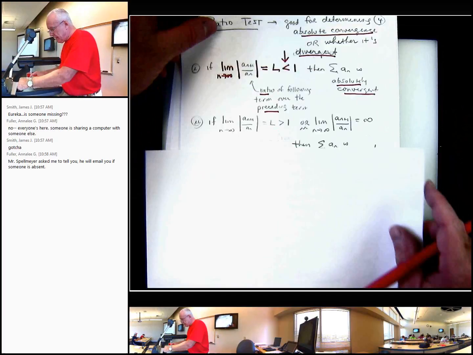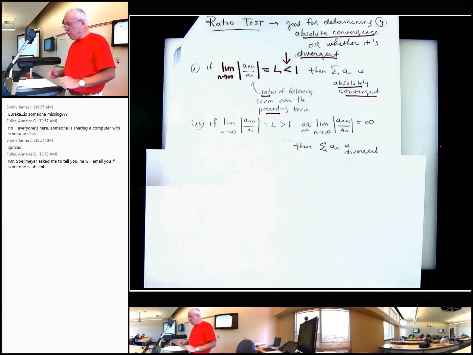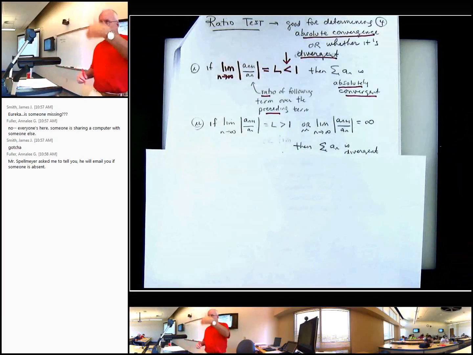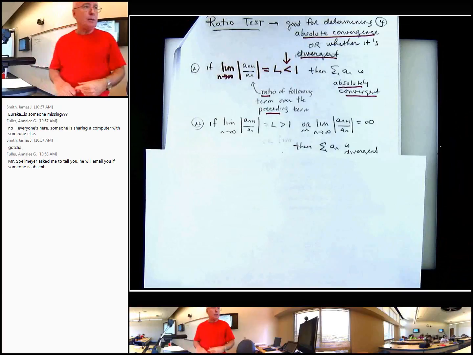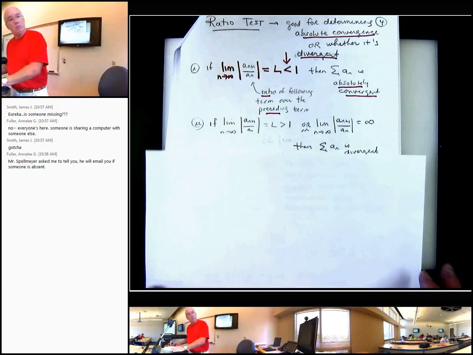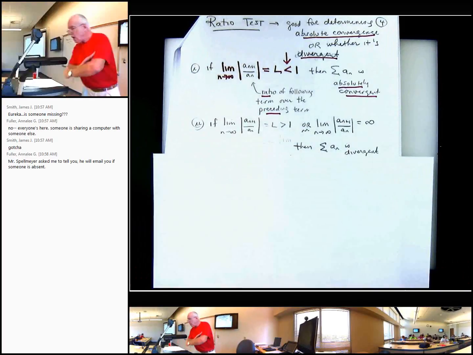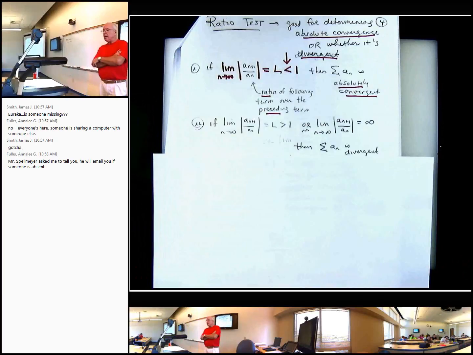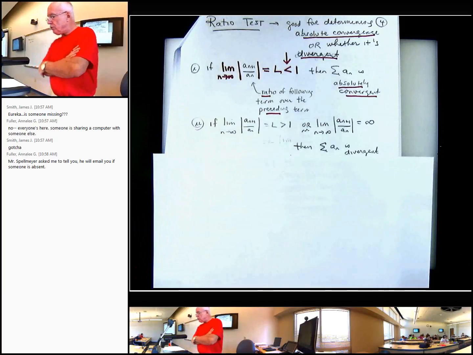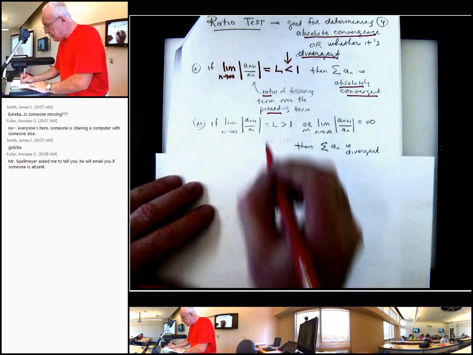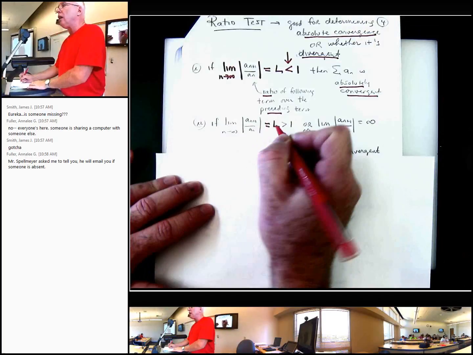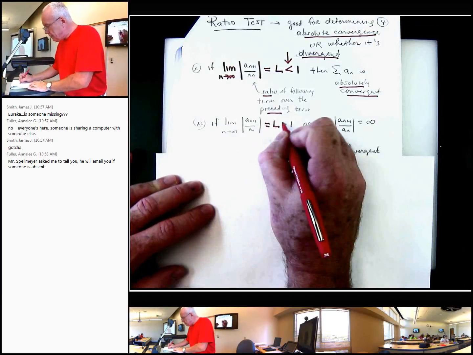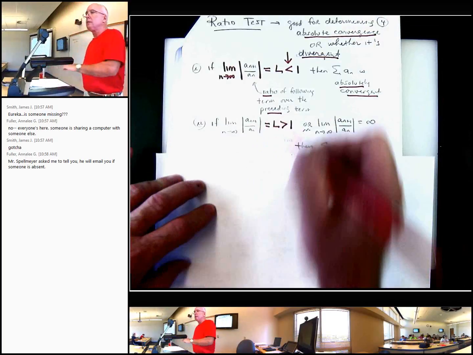Then we have the second case, again we are doing the ratio of the succeeding term over the preceding term. Taking the absolute value, taking the limit as n goes to infinity, and again, this equals some number L, but this time around, this number L is bigger than 1.